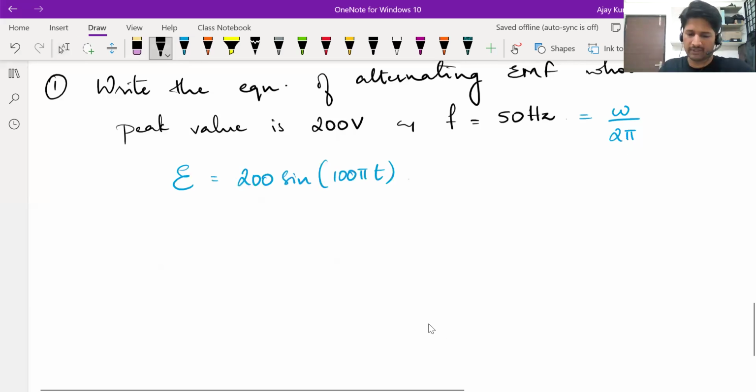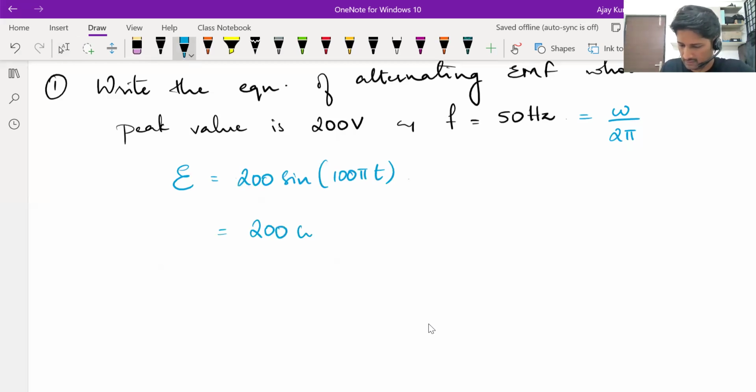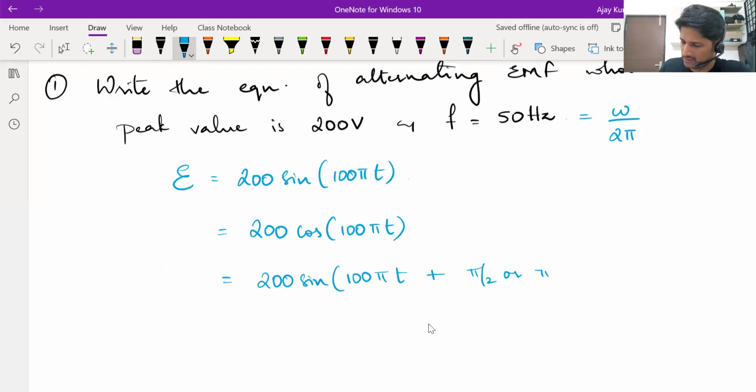See, not only the sine function, you can write it in terms of a cos function as well. This is also correct. You can even add a constant inside that function, plus, say, pi by 2 or pi by 3, it's your choice. You can add anything.